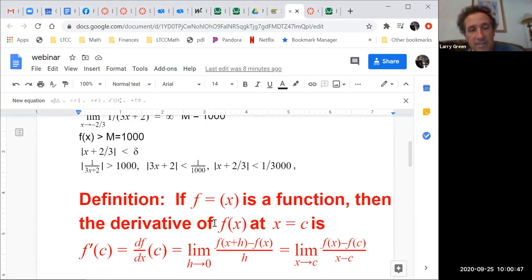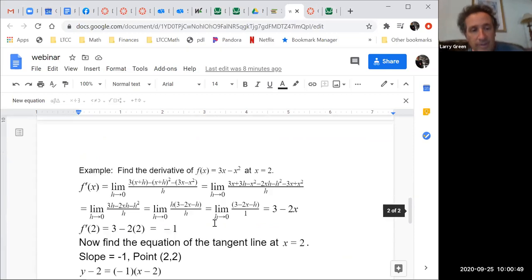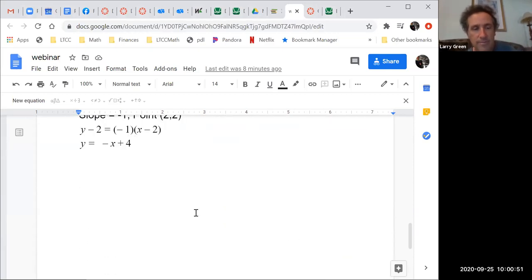So let me just write a general parabola. In general, a parabola is y equals ax squared, hopefully you all know this, plus bx plus c.